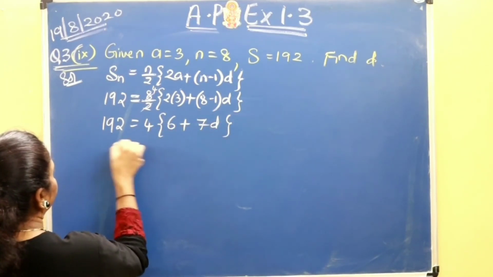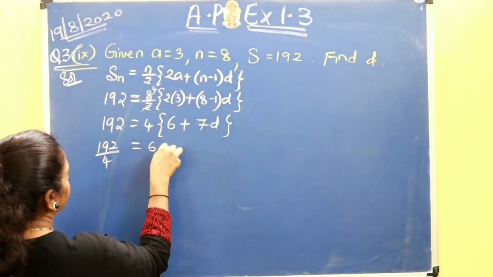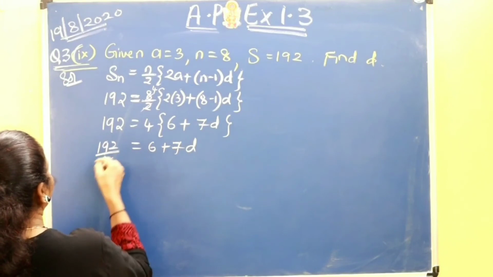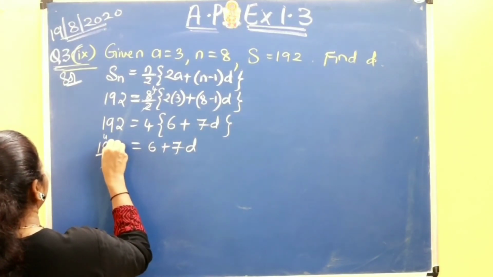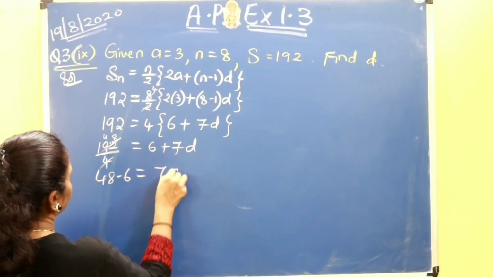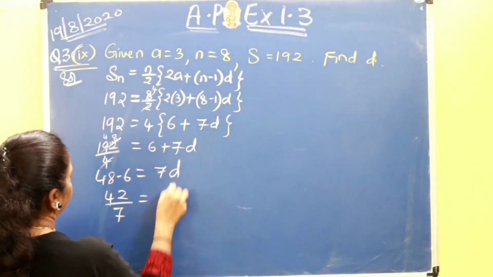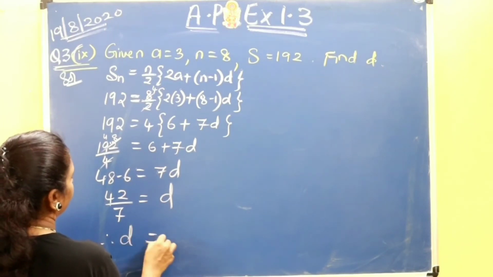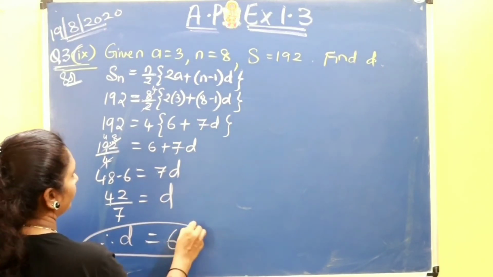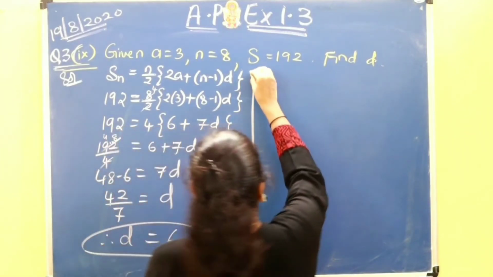So you will have 192 divided by 4 is equal to 6 plus 7d. 4 ones are 4, 4 fours are 16, 4 eights are 32, so 48 minus 6 is equal to 7d. 42 divided by 7 is equal to d. Therefore your d is equal to 6, since 7 sixes are 42. Value of d is 6.